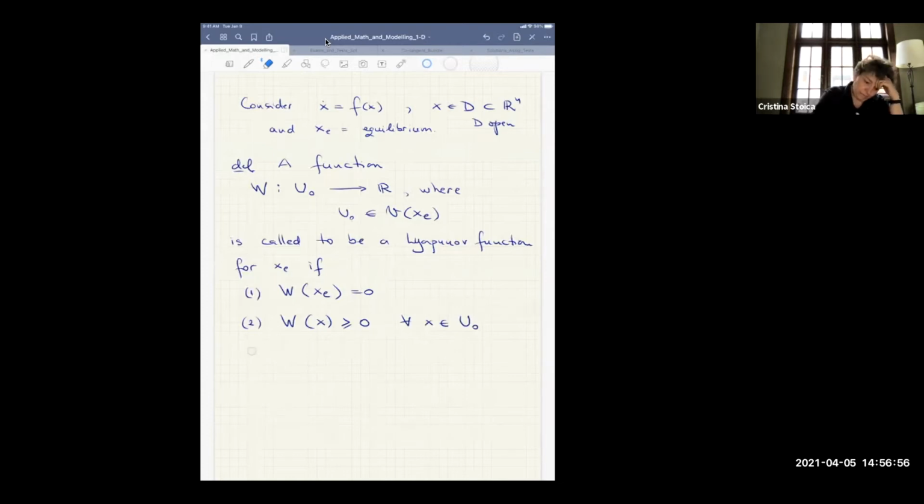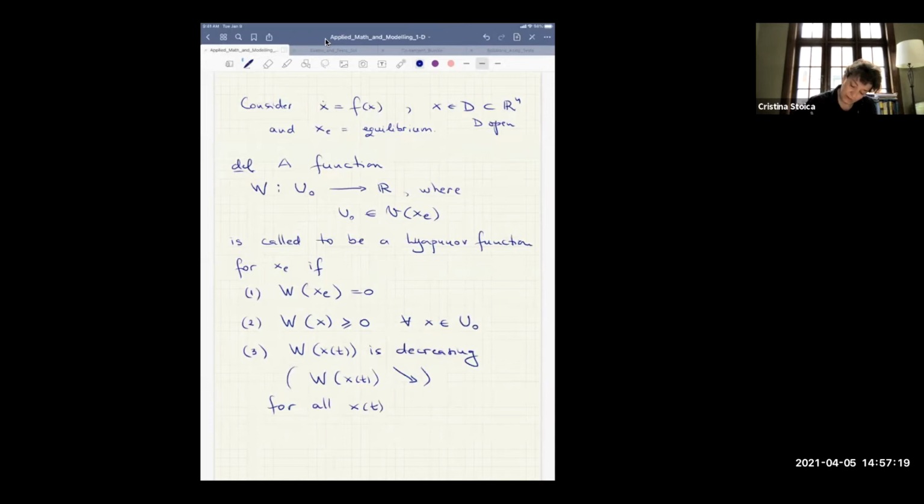And 3, w of x of t is decreasing. I like to write it like this because that's how I remember it, going down along all solutions, for all paths, let's say, that are solutions of the equation, such that x of t is in U naught.